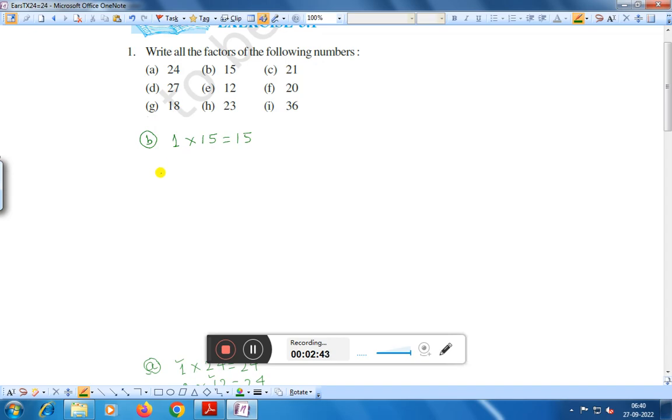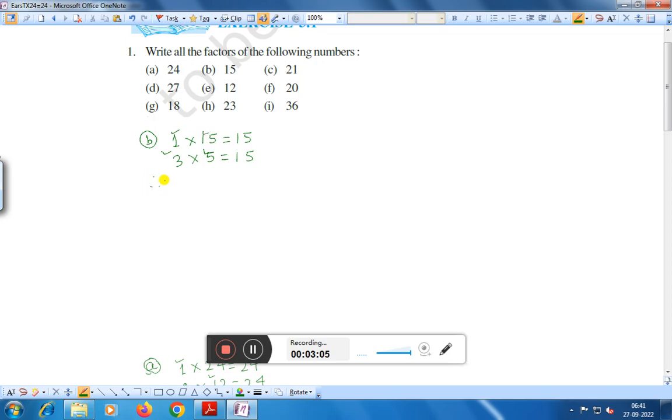There is no table of 15 with 2. Then 3 into 5 is equal to 15. Then 4, no. Then again 5, 5 into 3 is 15, that is repeating. Therefore, the factors of 15 are 1, 3, 5 and 15, right?